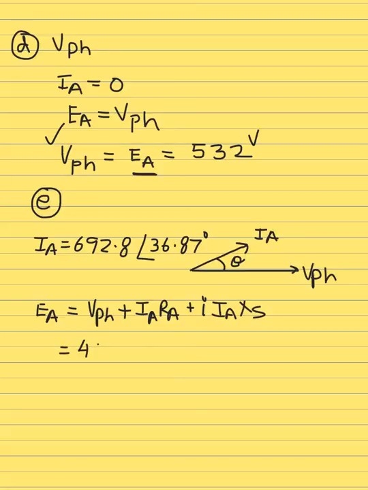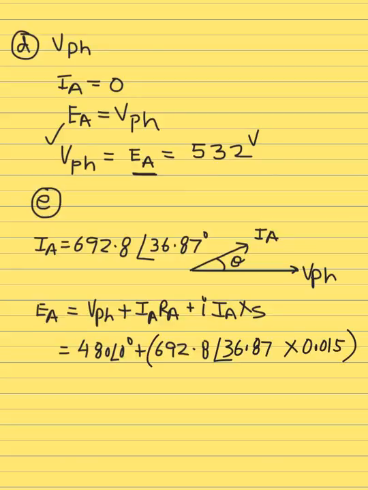So V phase is required to remain the same, plus the drop across the resistance. Sorry, I forgot again the angle for the current. So angle 36.87. That's the drop across the resistance.